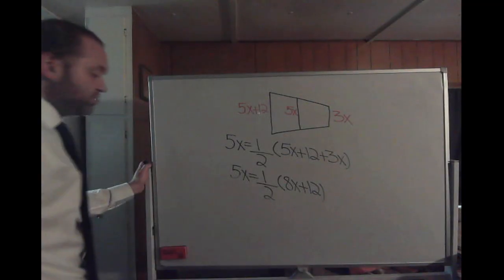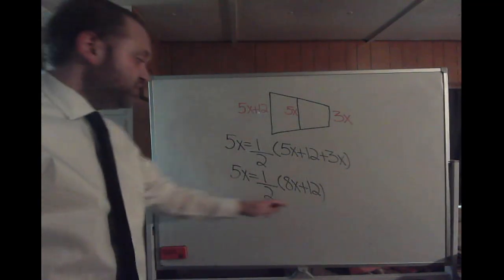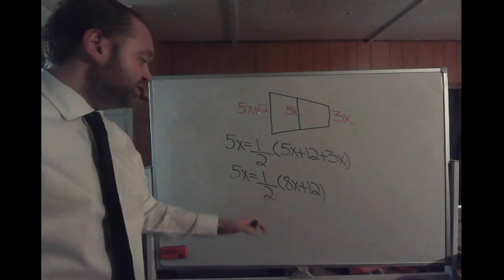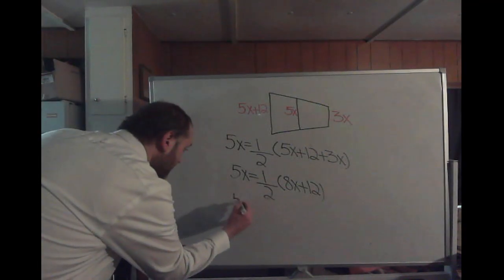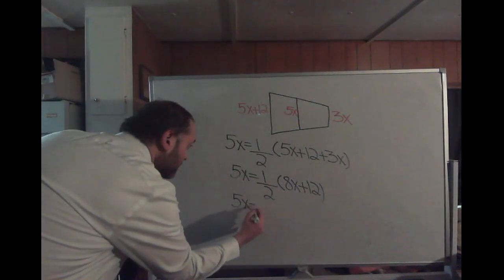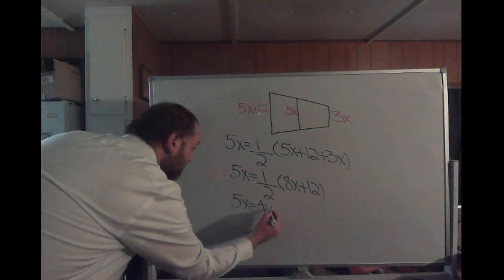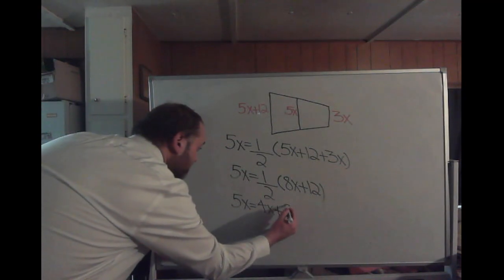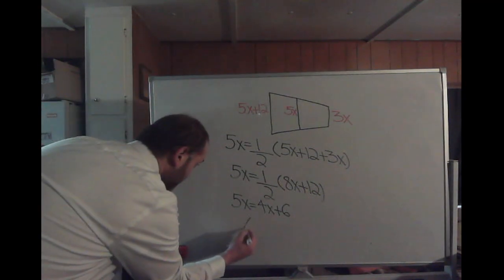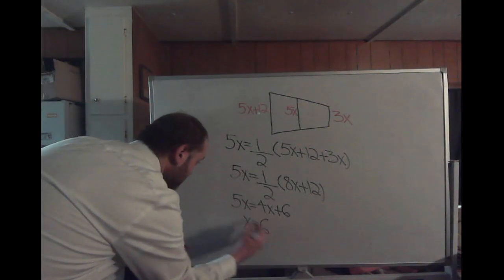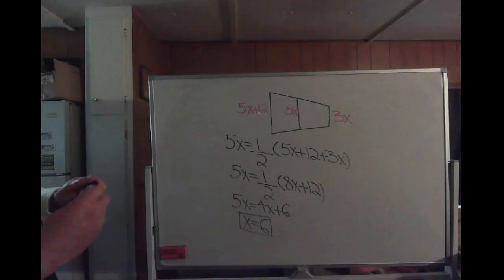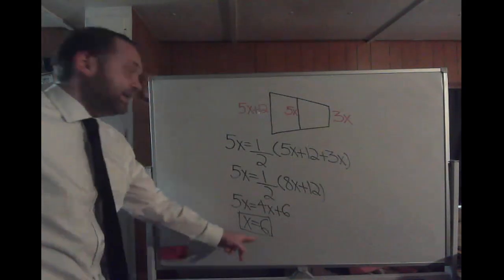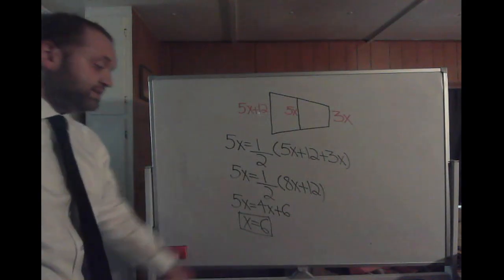Well, you can either multiply both sides by 2, or since you have even numbers inside the parentheses, you can just distribute the half, which is what I'm going to do. That would give you that 5x would equal 4x plus 6, which just gives you x equals 6. So in the end, you should get that x has a value of 6.